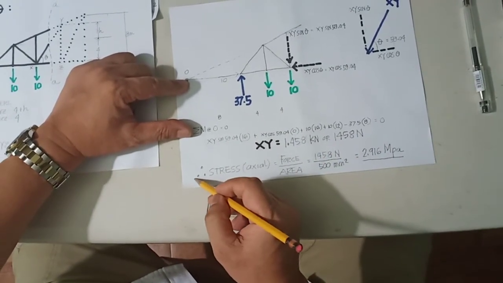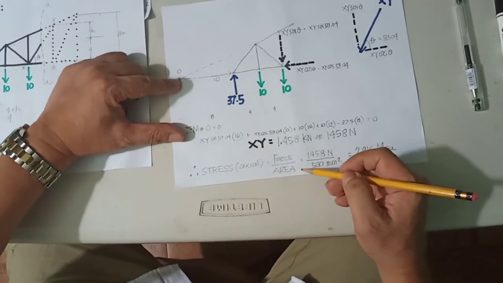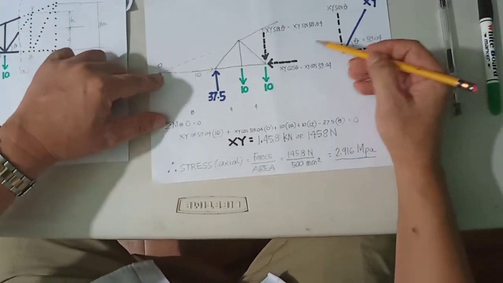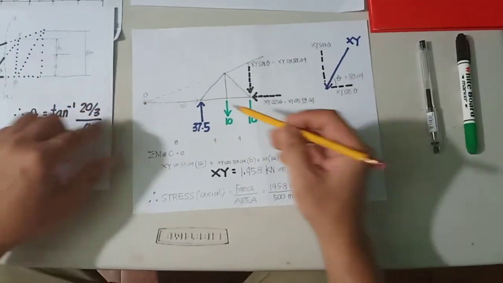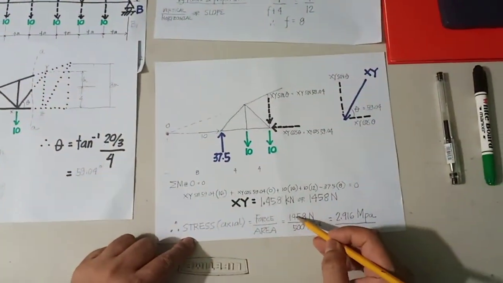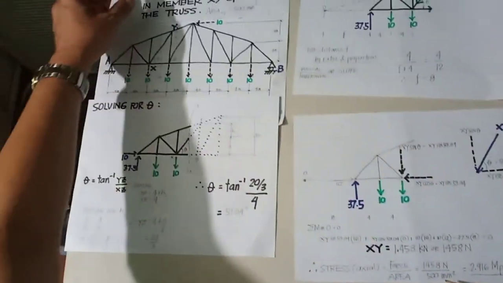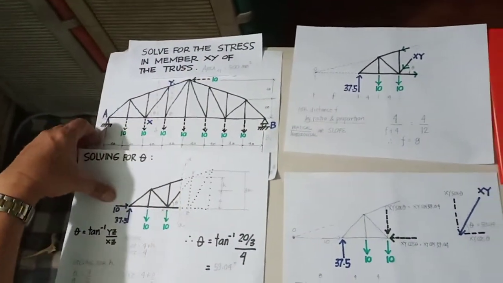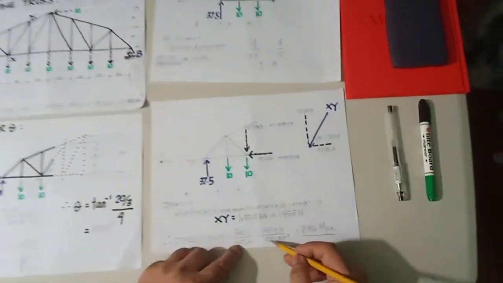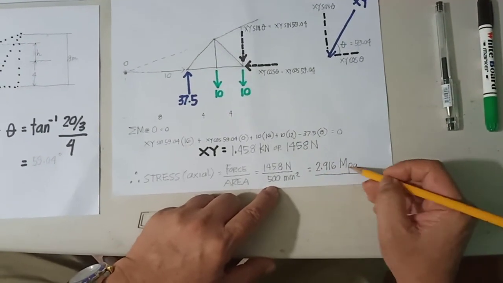And remember that axial stress is force all over area. Therefore, the axial stress of member XY is equivalent to 1,458 all over an area which was given as 500 millimeters squared, the cross-sectional area of member XY, giving you 2.916 megapascals.